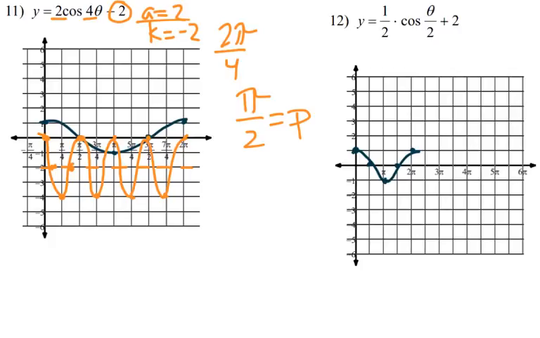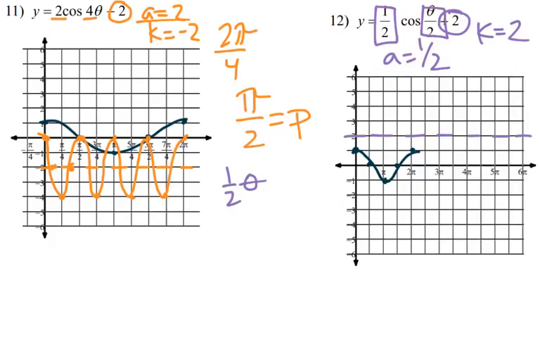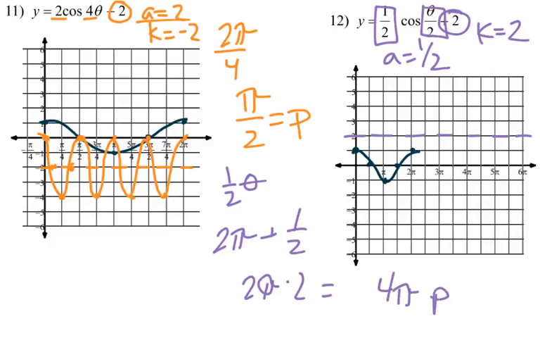Alright, so number 12, amplitude of 1/2, midline shift of 2, so bumping it up to 2, and then pi half, so we have 1/2 pi, so 2 pi divided by 1/2, so basically 2 pi times 2, or 4 pi would be our period.